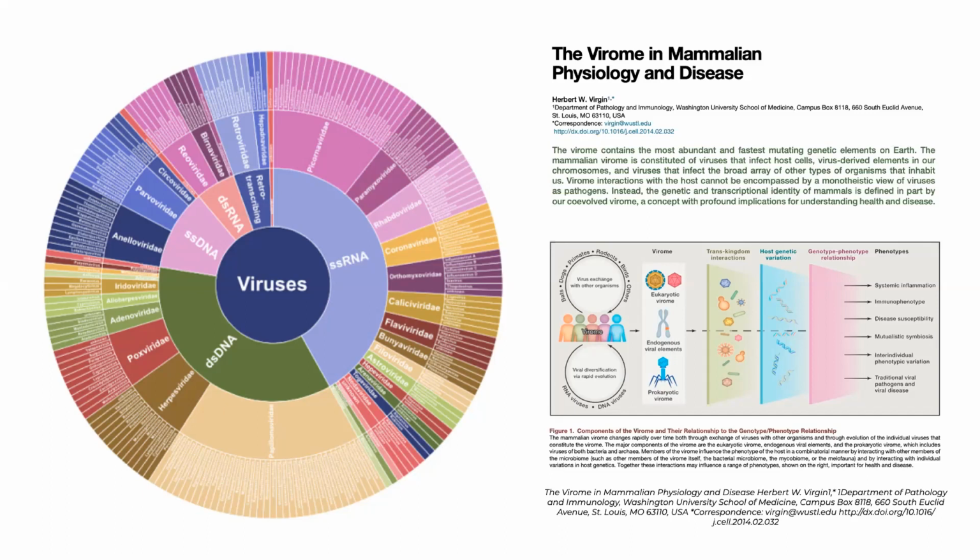What do you think is one of the major challenges for us to identify and categorize all of the viruses in the virome? So again, what do you think is one of the major challenges to really know what is in the virome?